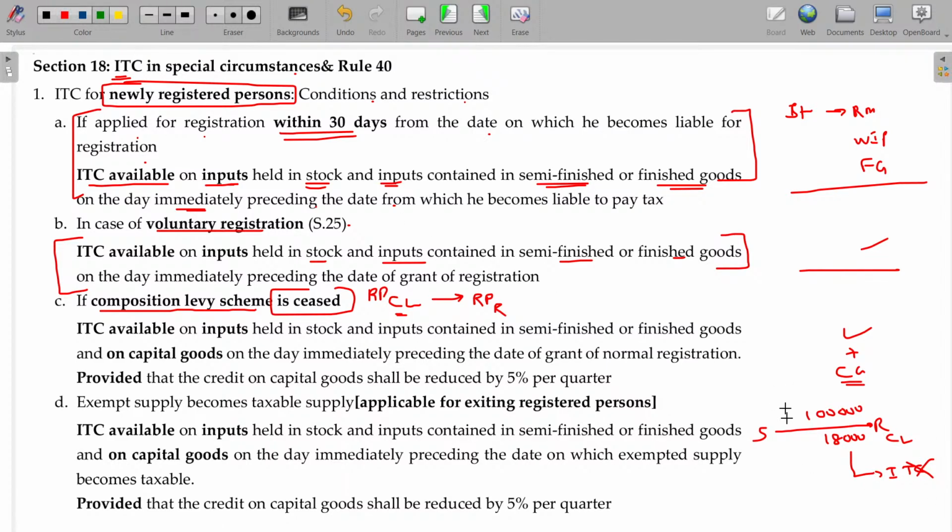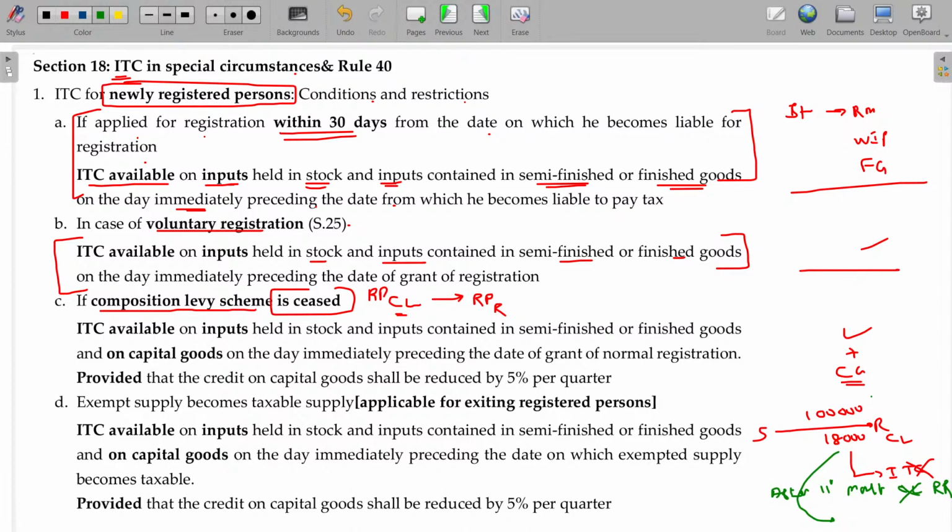After 1 year, okay, after 11 months, composition levy is ceased and he goes for the regular registration. Then he has to intimate, and he is eligible for claiming the ITC, but not the full value. For every quarter of usage of this asset, 5% is subtracted, and the balance he is able to enjoy.